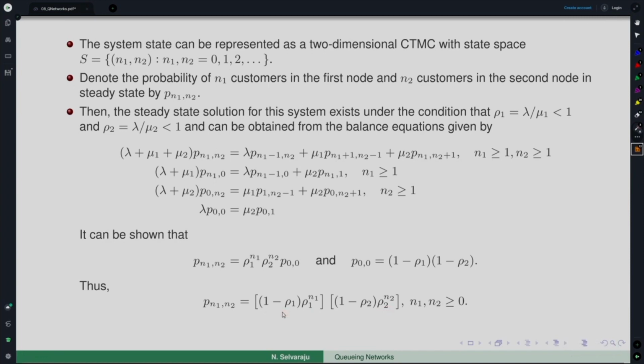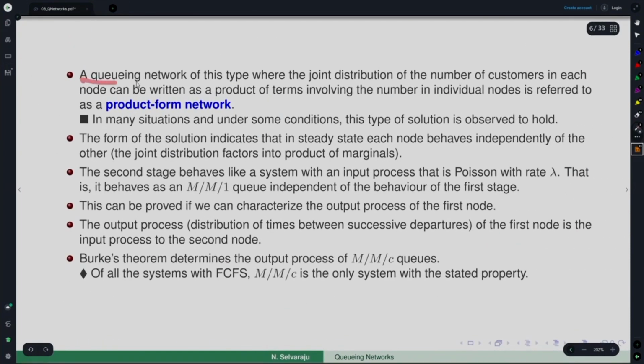So, a queuing network of this type, where the joint distribution of the number of customers in each node can be written as the product of terms involving the number of customers in the individual nodes, is what is generally called a product form network.